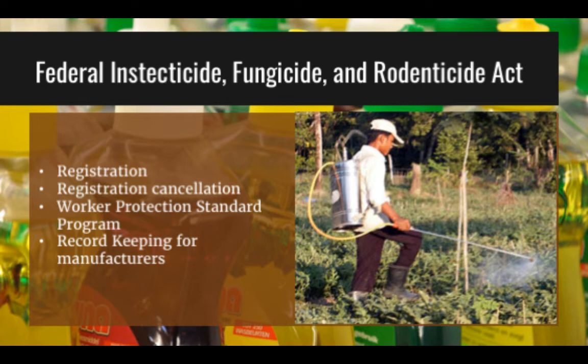Violations of FIFRA can result in civil or criminal liabilities. Written warnings made in the public interest are issued for minor violations. When there is no significant harm to the environment, knowing violations result in criminal penalties.